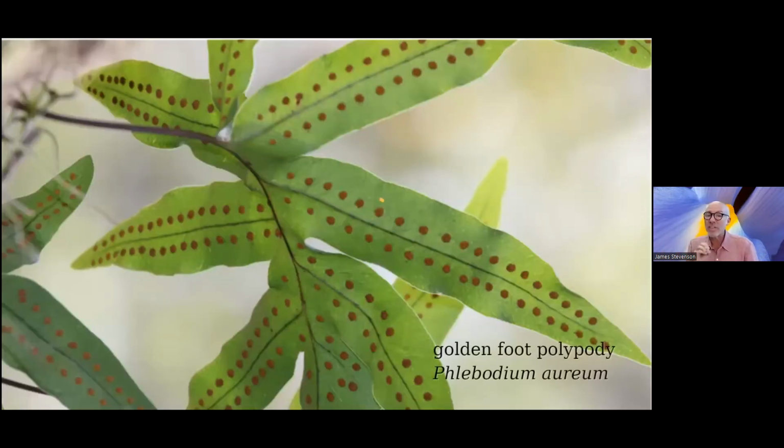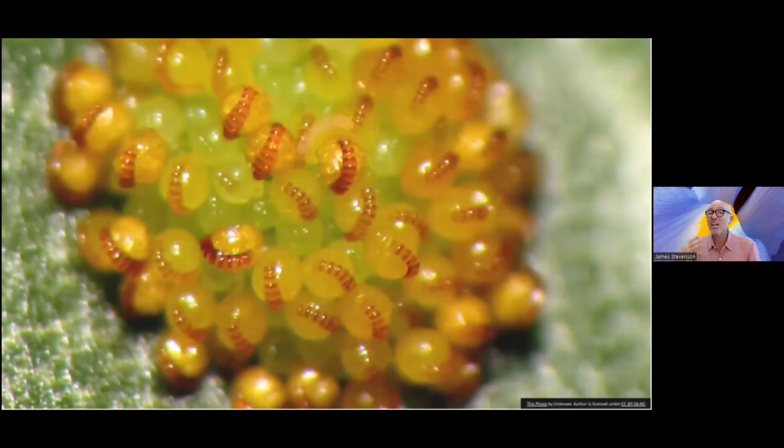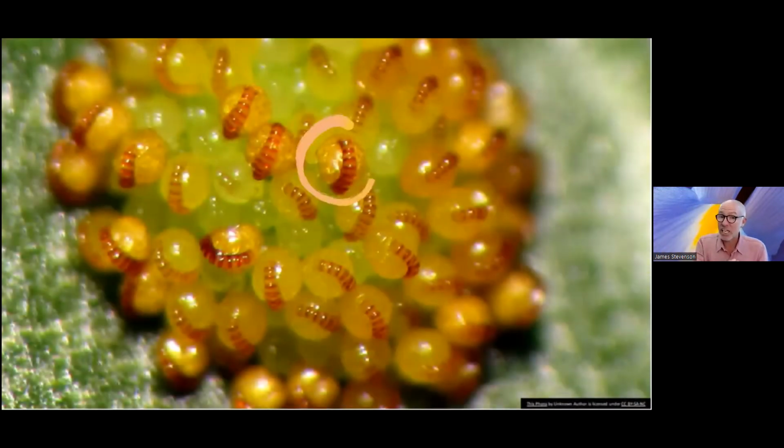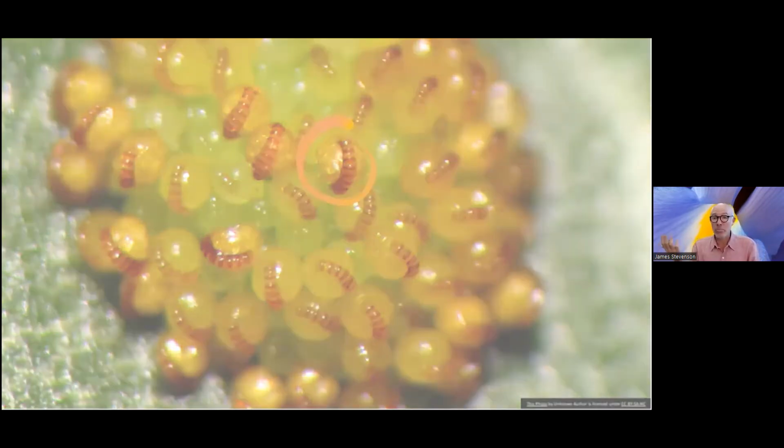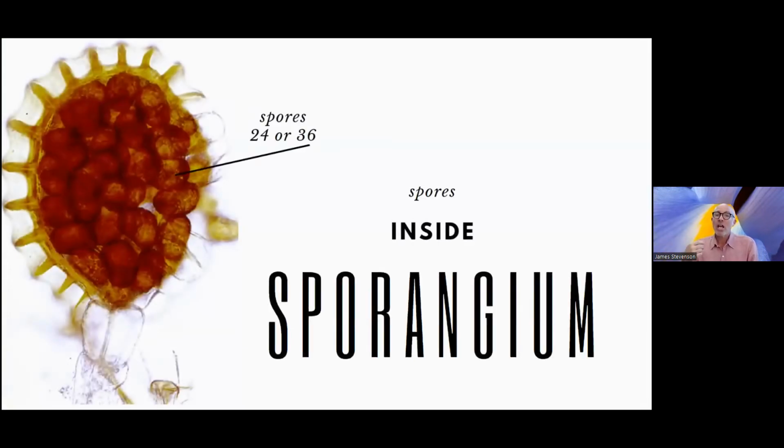So each one of these golden dots on the back of the golden-foot polypody is a collection of sporangia, and inside the sporangia is up to 64 spores. So they're microscopically small. One sporangium with X number of spores, depending on the species.